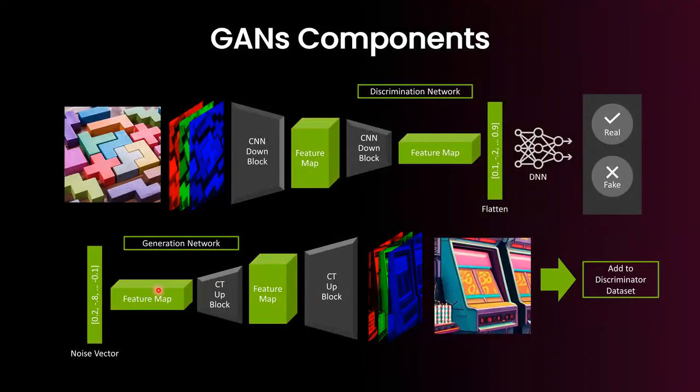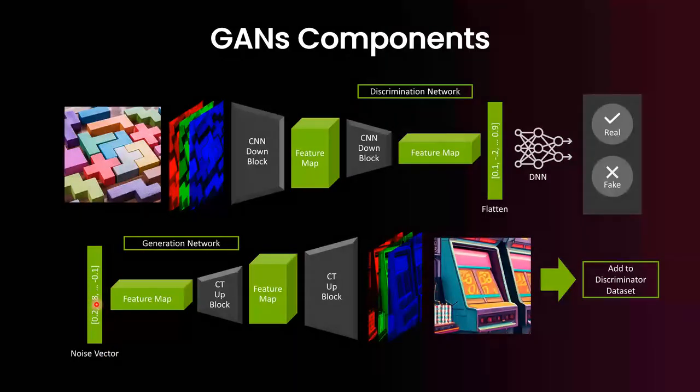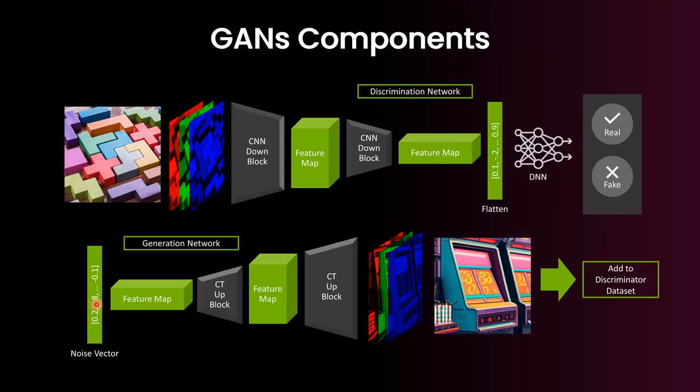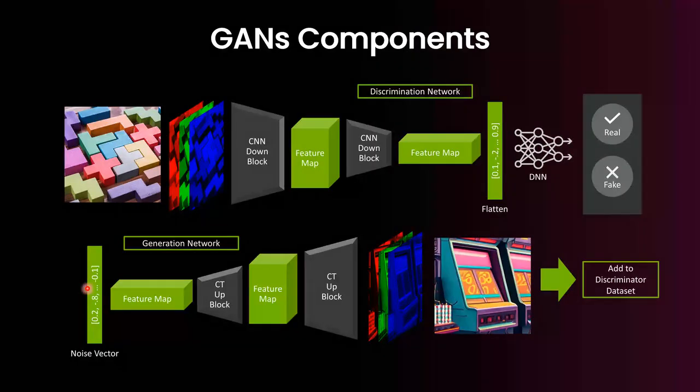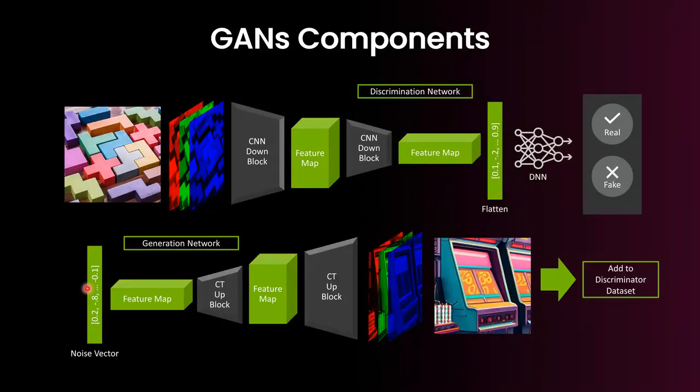At the generator, we take a totally noise vector, with no features, no specific extracted feature from any data, and pass it to a reversed convolutional neural network, which we will cover in the following slides, called a transpose convolution process.